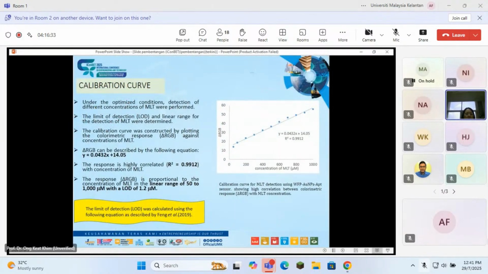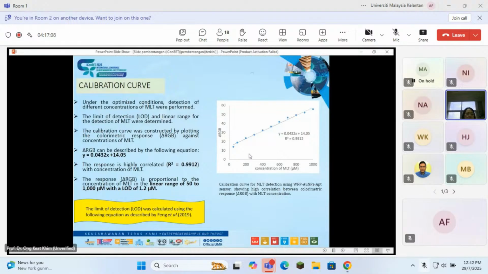Now have a look at the calibration curve. Under the optimal condition, we conducted the detection of different concentrations of MLT. From this calibration curve, we can see the linear range. The calibration curve was constructed by plotting delta RGB versus the MLT concentration. The delta RGB can be described by the equation y equals 0.0432x plus 14.05, where y is the delta RGB and x is the concentration of malathion.